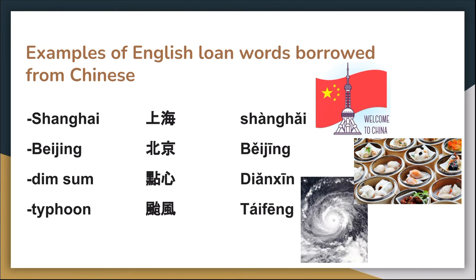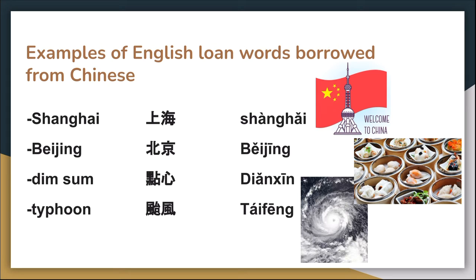Now, I want to show you examples of English loanwords borrowed from Chinese. As I mentioned, bok choy is an English loanword borrowed from Chinese. And we have Shanghai, which is a name of a region and China's largest city.